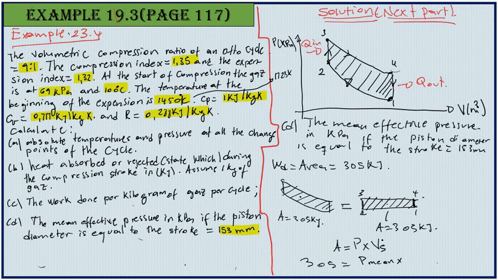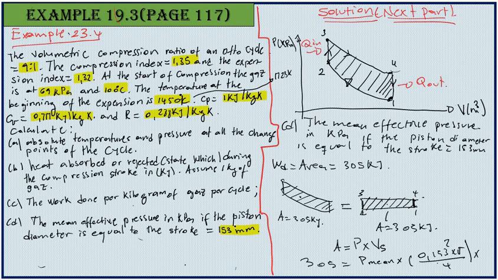We can write Vs in terms of the diameter and the length. We have the diameter, which is going to help us to determine the area. So the area is given by 0.53 squared multiplied by pi divided by 4. Then we need to multiply the area by the stroke to get the length.